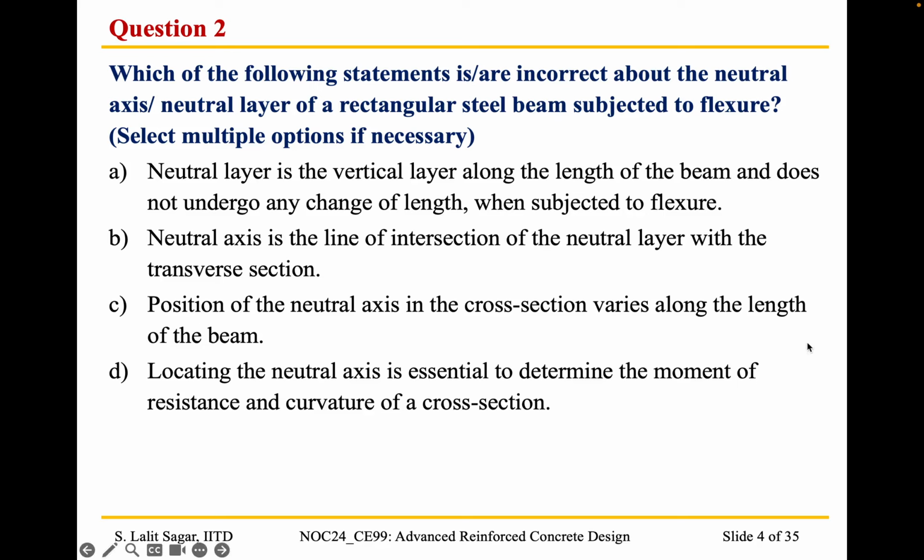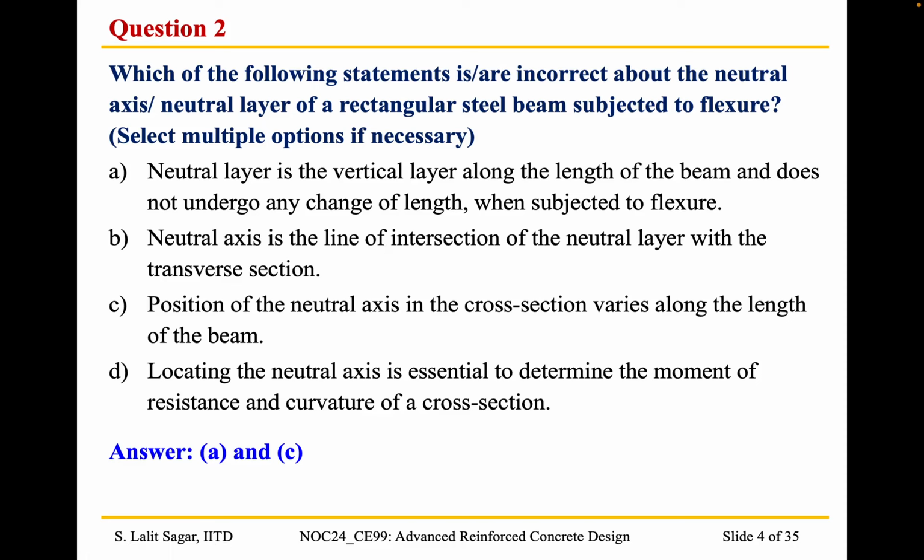We will move ahead, because we have some numericals also. The correct option is option A and C. I had played around with the words actually. The neutral layer is a horizontal layer along the length of the beam. It's not a vertical layer, and it does not undergo any change in length. The neutral axis is the line of intersection of the neutral layer with the transverse section.